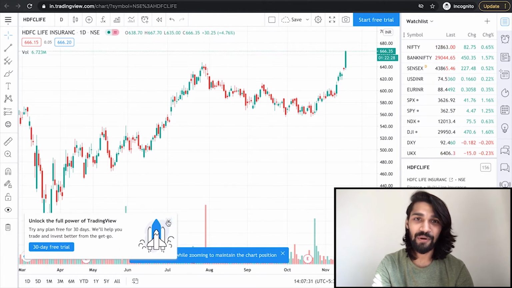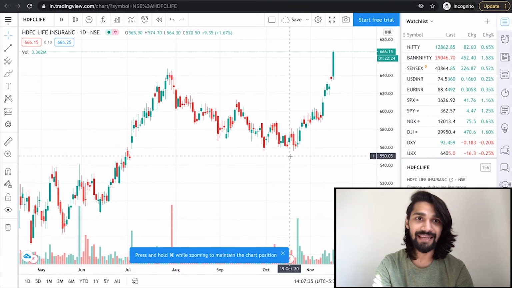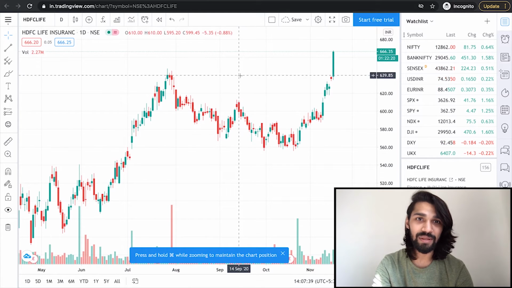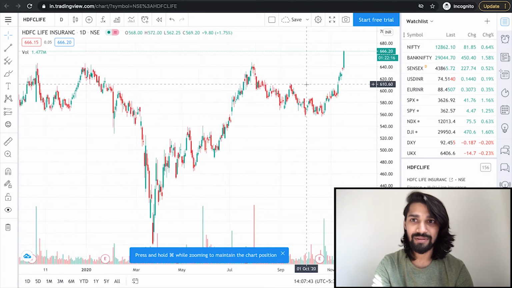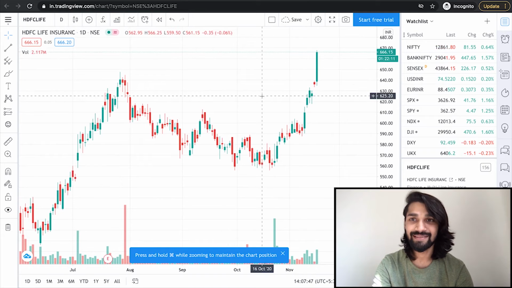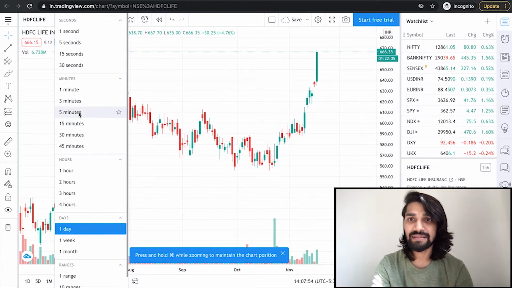As soon as I opened this, and it's just 2/7 today, so it is a live market today. You can see there is a breakout of the rounding bottom pattern, and it is a very good breakout. And it's in the daily chart, so you can definitely book a long position here. Not bad. Anyway, so let's go to the 5 minute chart.